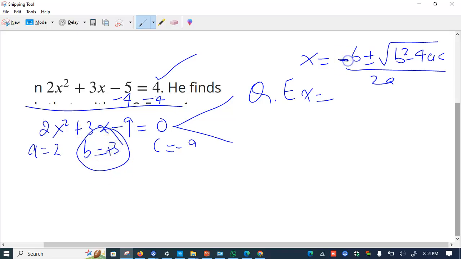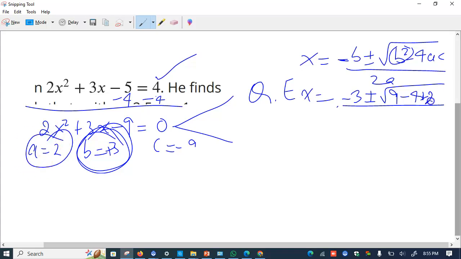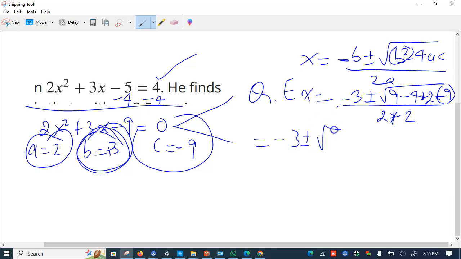Because there's a minus b, we can directly replace it by minus 3 here, plus or minus. And b is 3, b squared makes it 9. 3 times 3 is 9, and 4 times a is 2, so that's 2. And then c is negative 9. So this is negative 9 here. And 2 times a is 2.